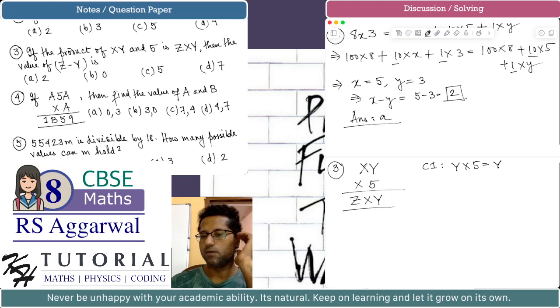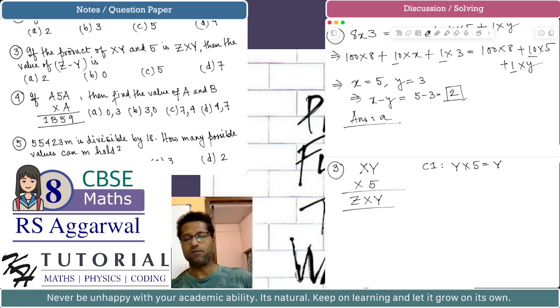If y is 5, 5 into 5 is 25 and the units digit of 25 is 5. So y equal to 5 is a possibility. One possible value of y is 5.